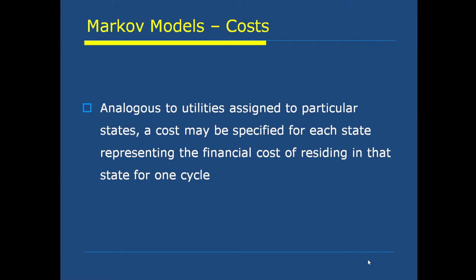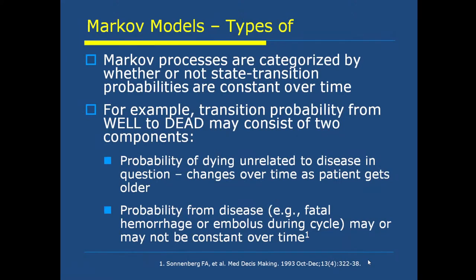Analogous to utilities assigned to particular states, a cost may be specified for each state representing their financial cost of residing in that state for one cycle. Markov processes are categorized by whether or not state transition probabilities are constant over time.